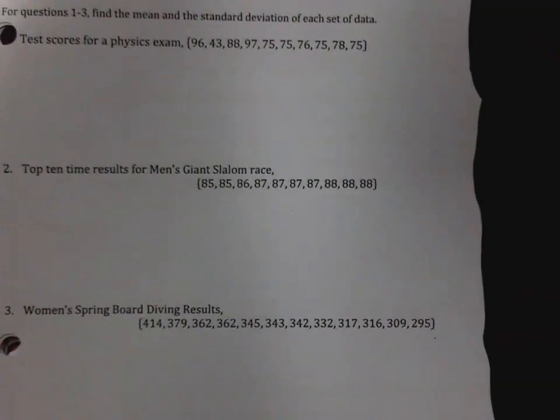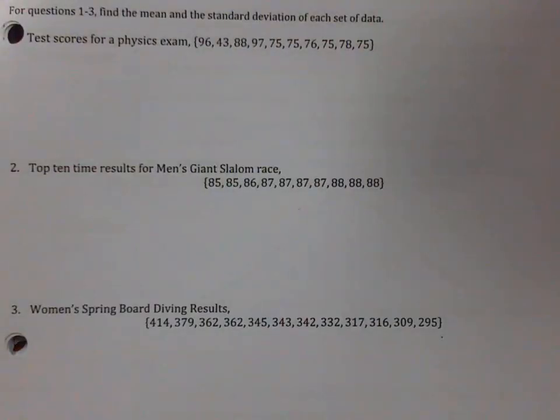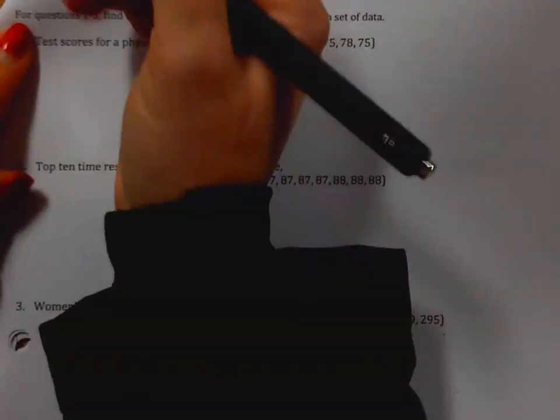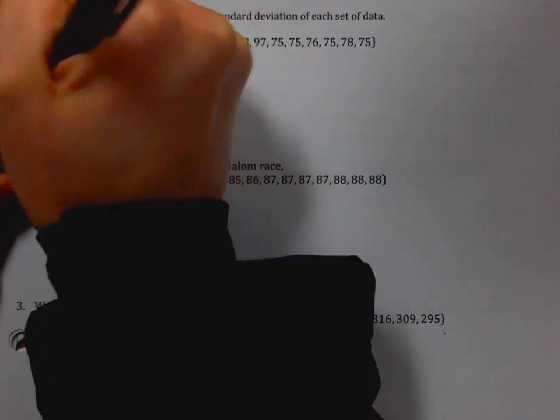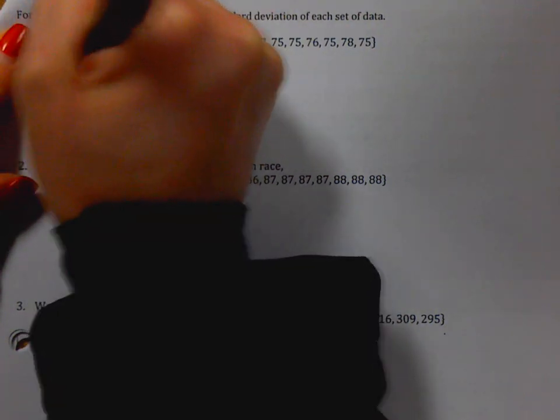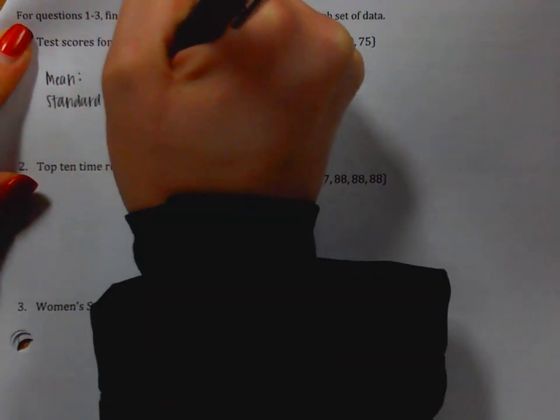I'm going to zoom back in. What I would like you to do is listen to what I'm going to say and then pause me and try it on your own. For 1, 2, and 3, using your calculator, get the mean and the standard deviation.